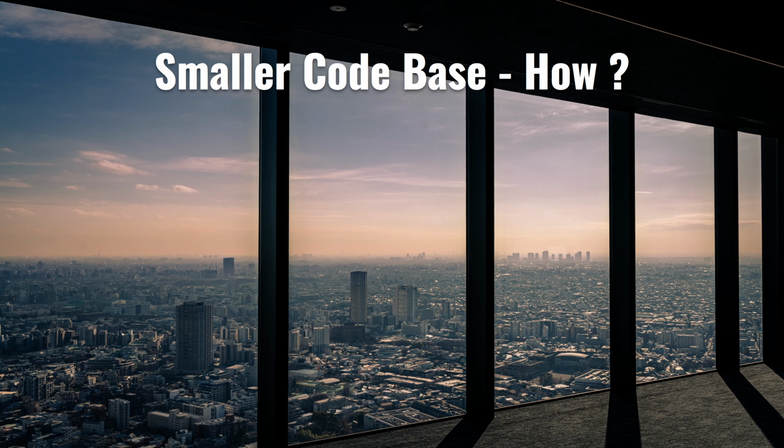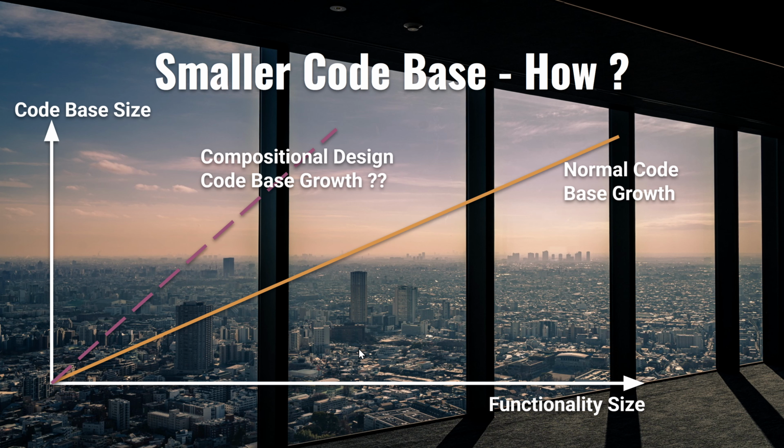In the beginning of this video, I said that compositional software design can lead to a smaller code base in the long run. And you might be wondering how that is possible, because after all, if we are splitting the code base into a lot of small pieces, will we not end up with a larger code base than we would if we did not split it up into as many small pieces?